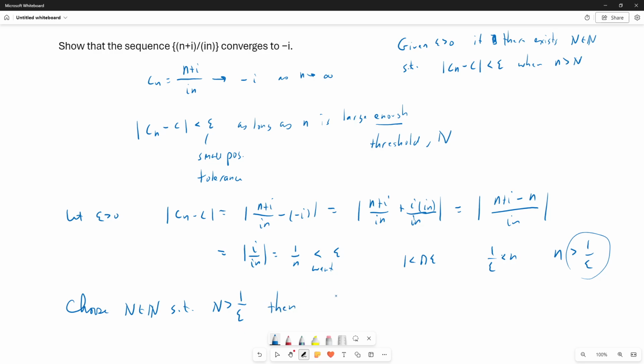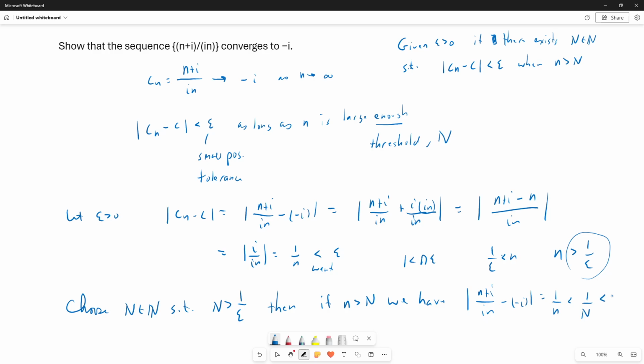Then if our n is bigger than this N, we have, according to the calculation that we just did, the modulus of (n + i)/(in) minus negative i, which is equal to 1 over n, is less than 1 over capital N, because if our index is bigger than the threshold, then taking reciprocals switches the direction.